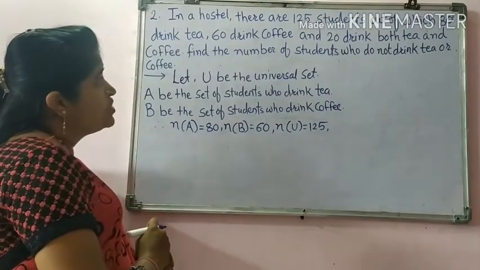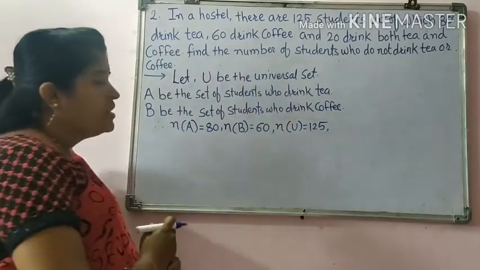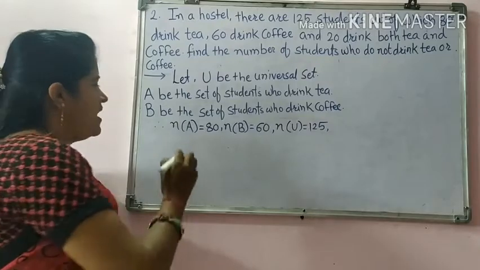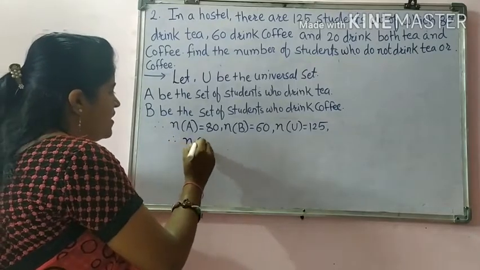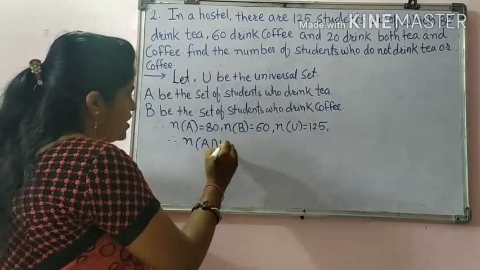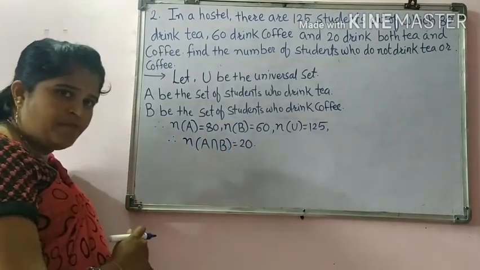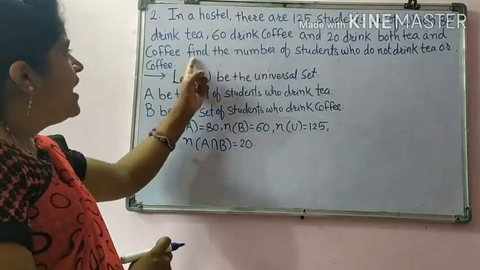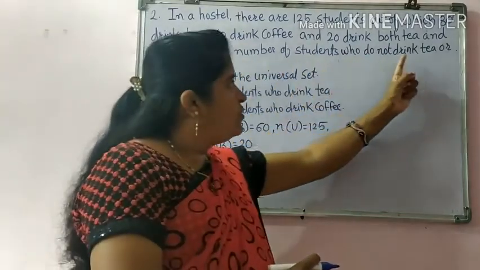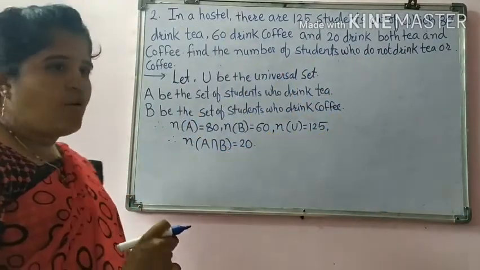Also there are some students who drink both tea as well as coffee. Therefore n of A intersection B is equal to 20. Now find the number of students who do not drink tea or coffee.